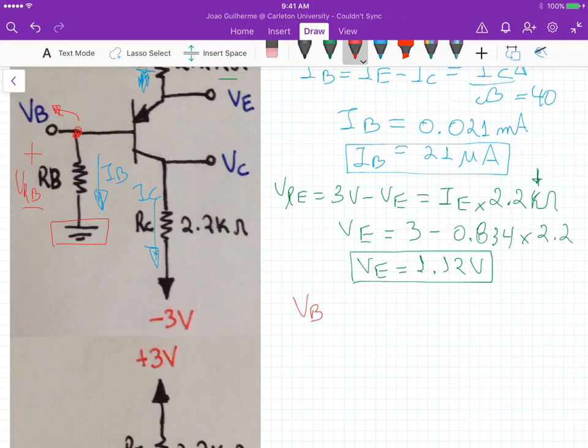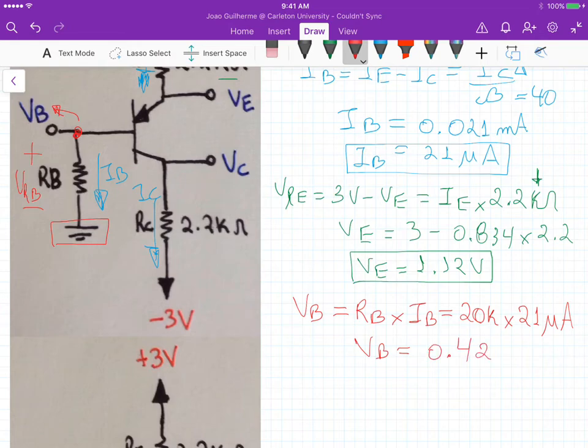So VB in this case is just RB, the base resistance, times the base current, which is 20k times the current at the base, that is 21 microamps. So the voltage at the base, VB, is equal to 0.42 volts.